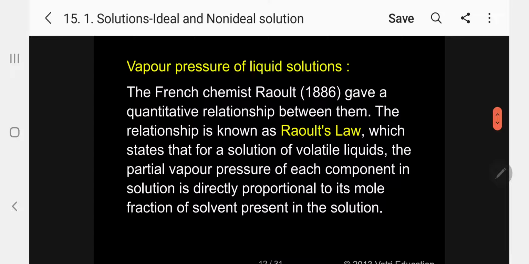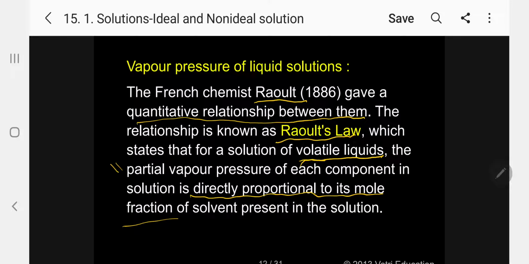The French chemist Raoult gave a qualitative relationship between them. The relationship is known as Raoult's law, which states that for a solution of volatile liquids, the partial vapor pressure of each component in solution is directly proportional to its mole fraction present in the solution.